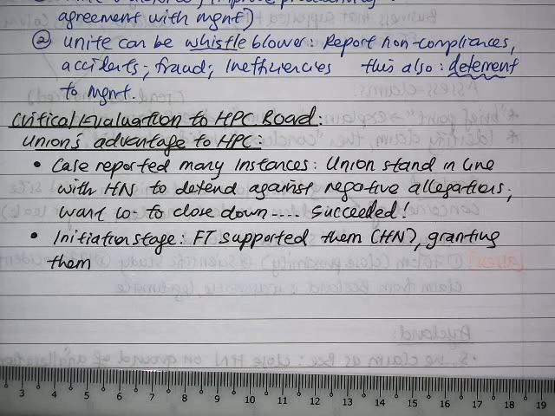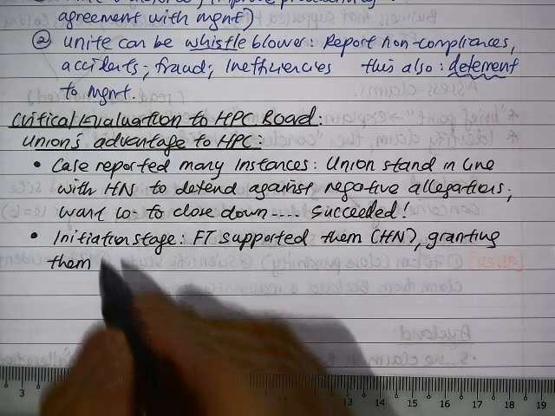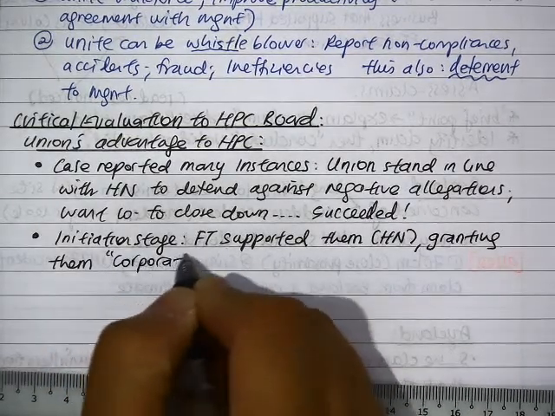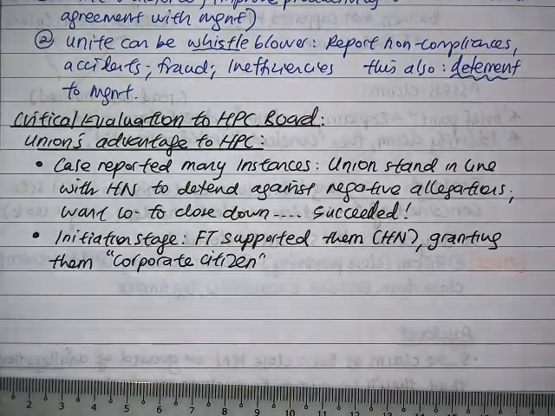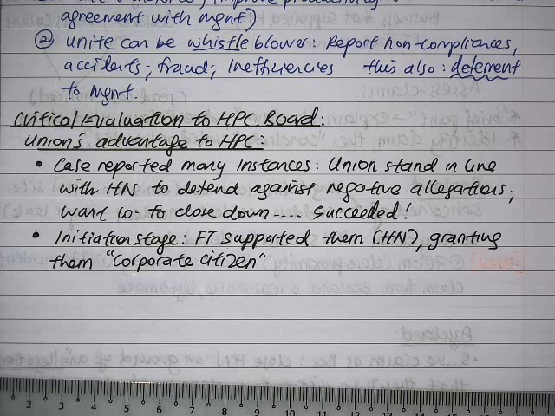We want you to be here. What term do you call that? What word is that? You describe a company that you want the company to be here. You like the company. Permit? Corporate citizenship. Use vocab that you learn in the class, so that your answer really looks impressive and mature. Okay, so you granted them a corporate citizenship.